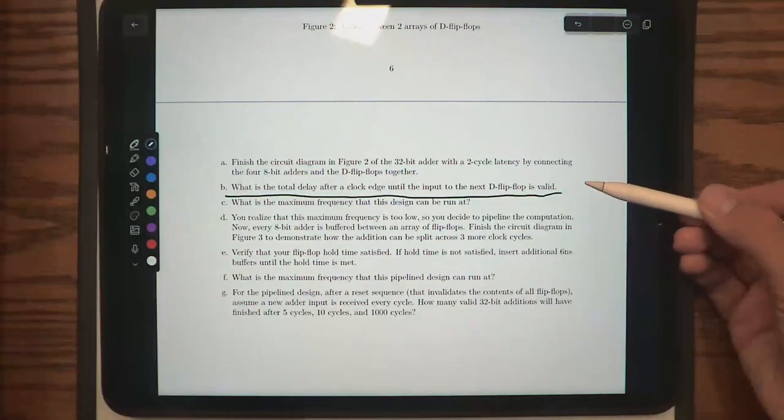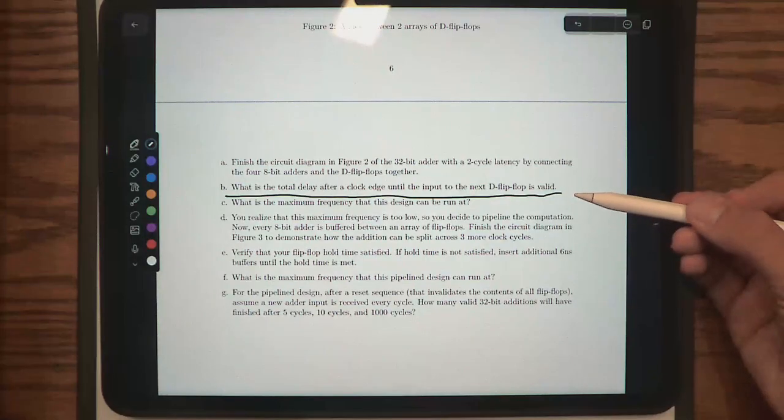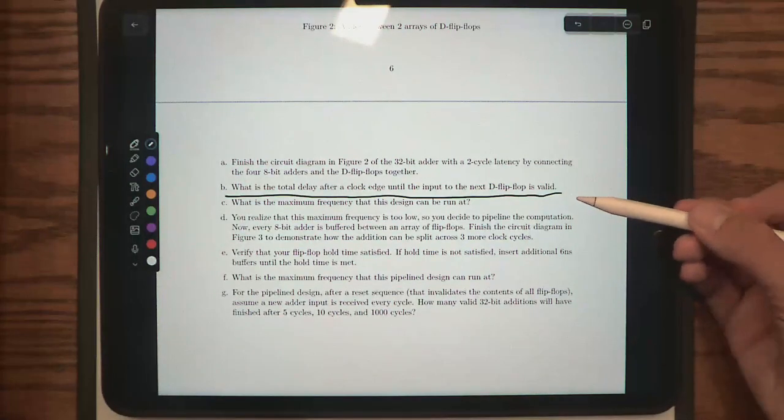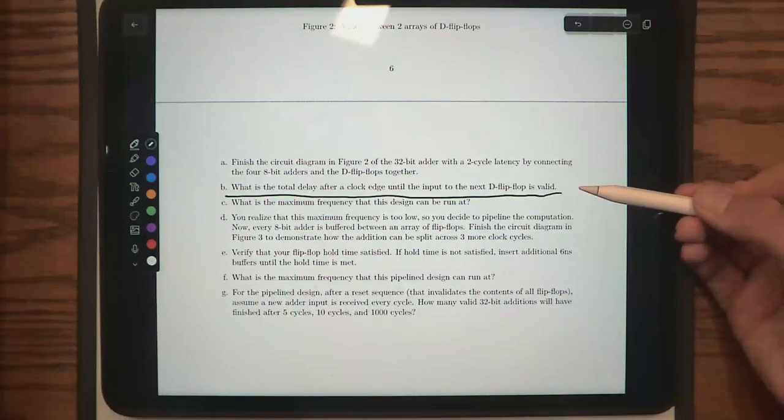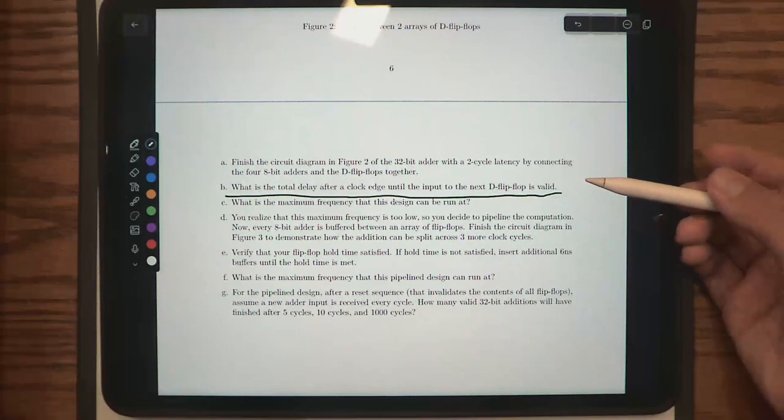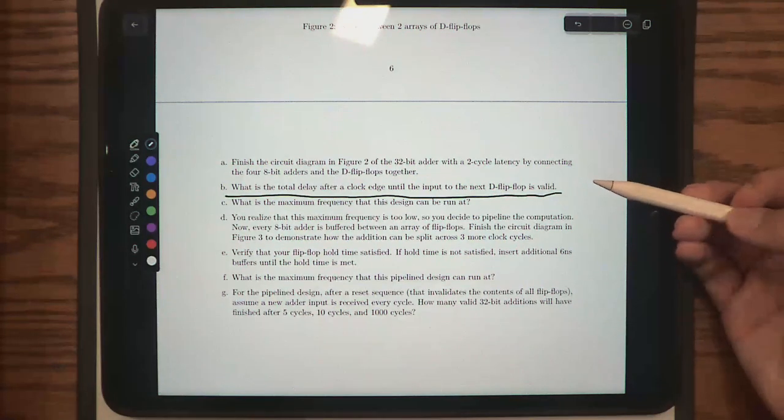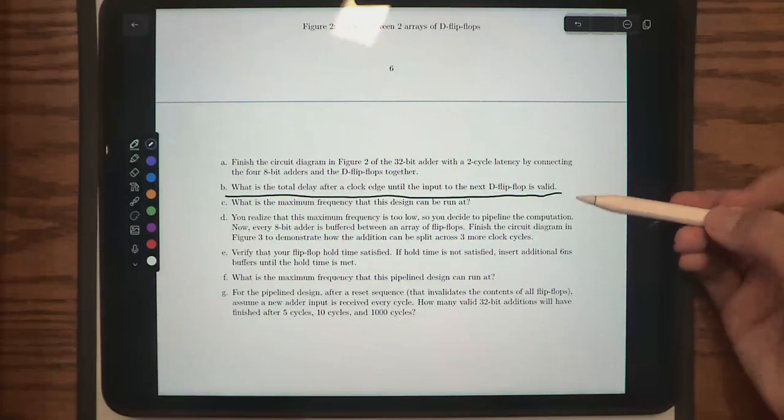So I responded to a Piazza post about this. I'll change it in future quarters, but it's a little bit poorly worded because it's ambiguous whether you include setup or not. In this case, I'm expecting you to include the setup delay in your analysis. Question: can you repeat what the question actually is? The question is, what is the minimum clock period?